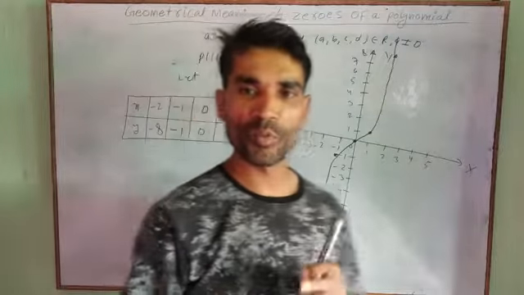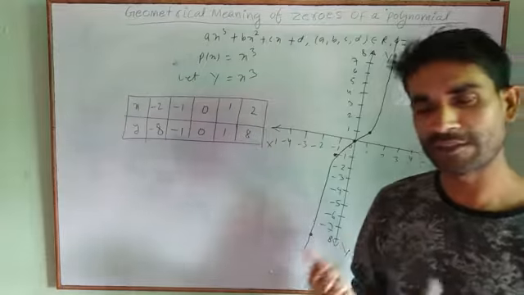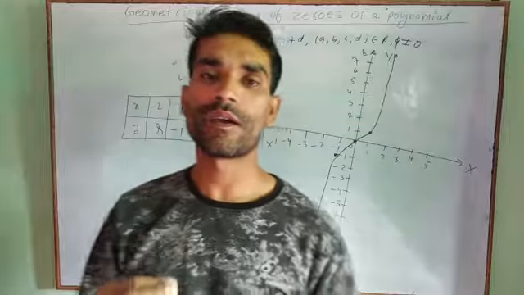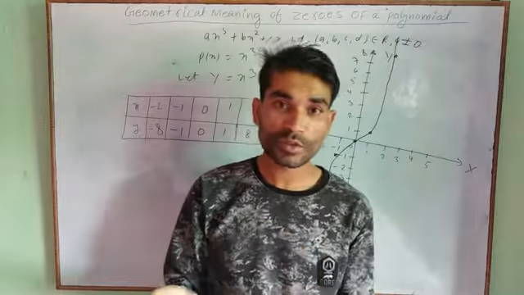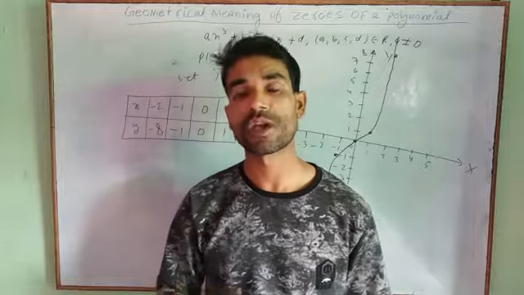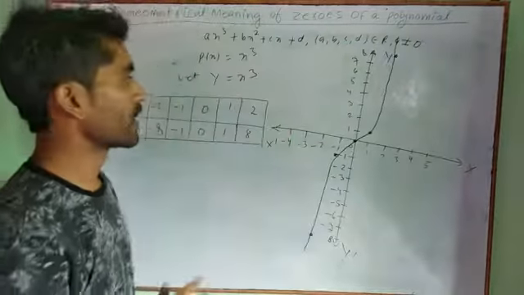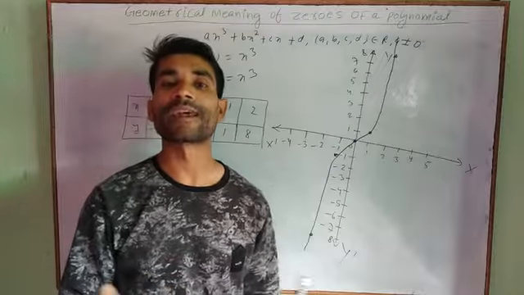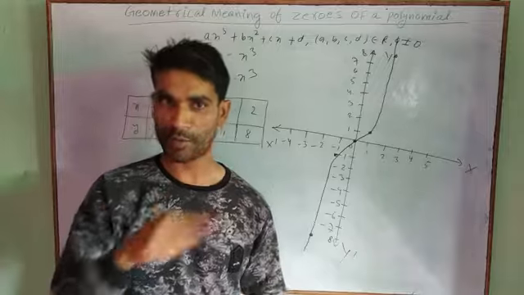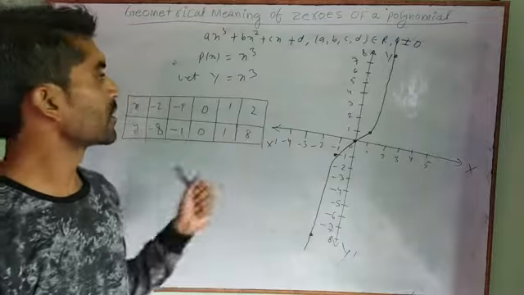So the cubic polynomial has minimum 1 zero and maximum 3 zeros. In the same way, a quadratic polynomial has no zeros, or 1 zero, or 2 zeros. And a linear polynomial has only 1 zero, and the graph of a linear polynomial is a straight line, and the graph of a quadratic polynomial is a parabola, and the graph of a cubic polynomial is a curved line, we can say.